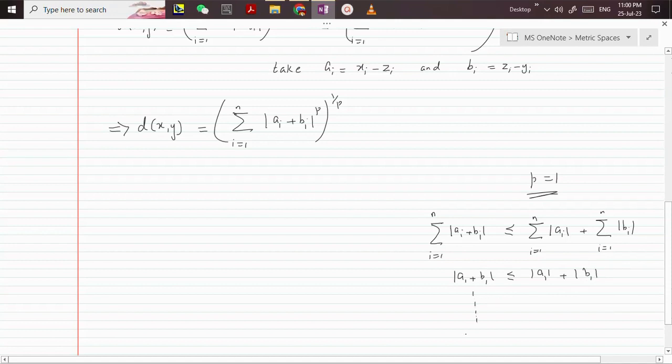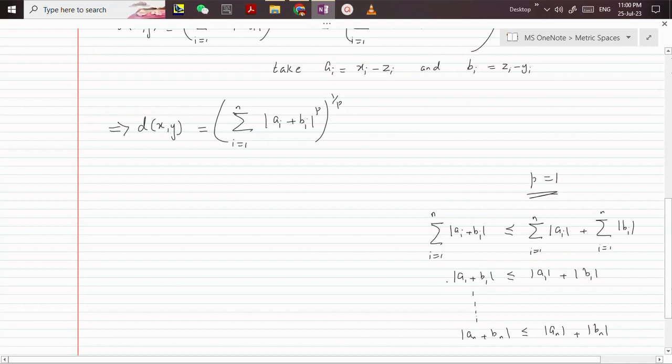Then we have, for i equals n, |an plus bn|, which is less than or equal to |an| plus |bn|.